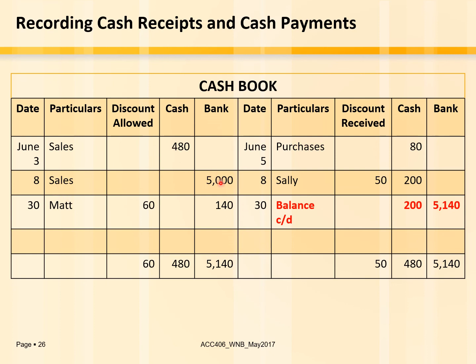Lepas tu ada bayar, ada sales guna check. Lepas tu ada mat. Okay, like that. And then, untuk belah kredit, ada semua pembayaran. Case purchases kepada Sally. Dan ada baki duit lagi sebanyak 5140. Cash ada 200.